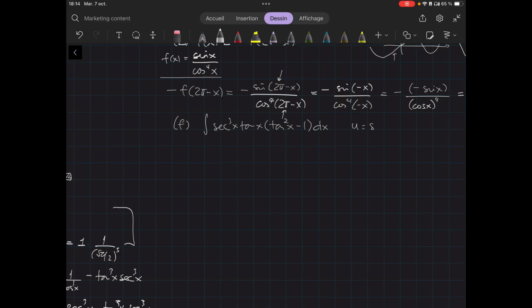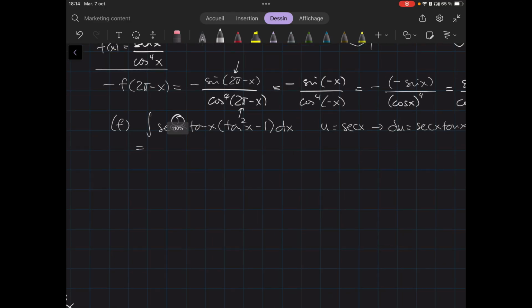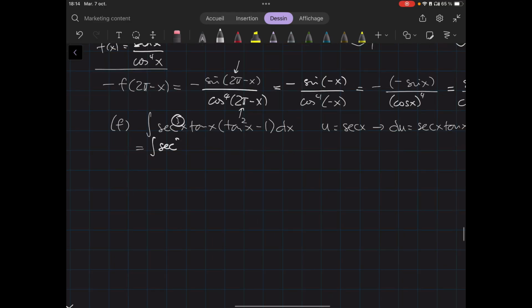If u is equal to secant of x, then du is going to be sec x tan x dx. We can split this secant cube into secant squared times secant x tan of x. This is going to be your du.